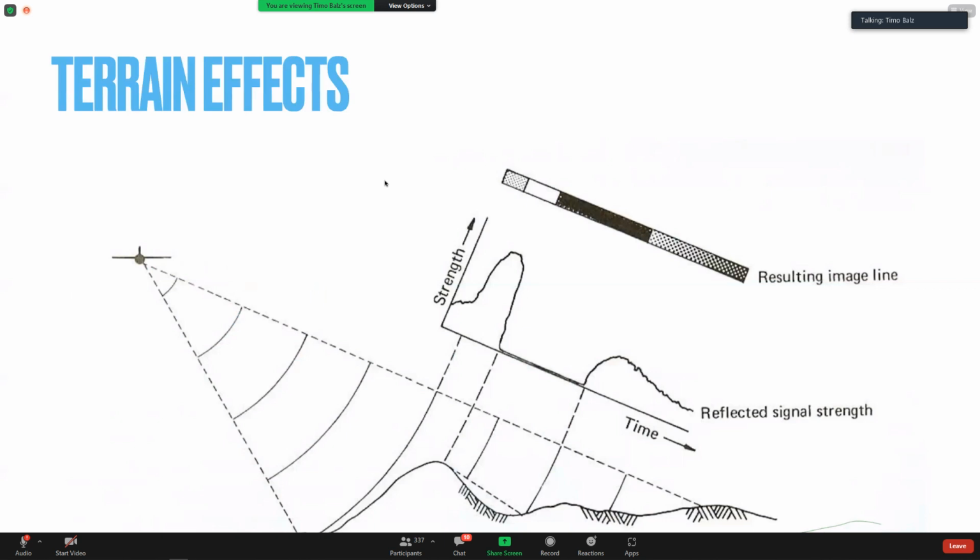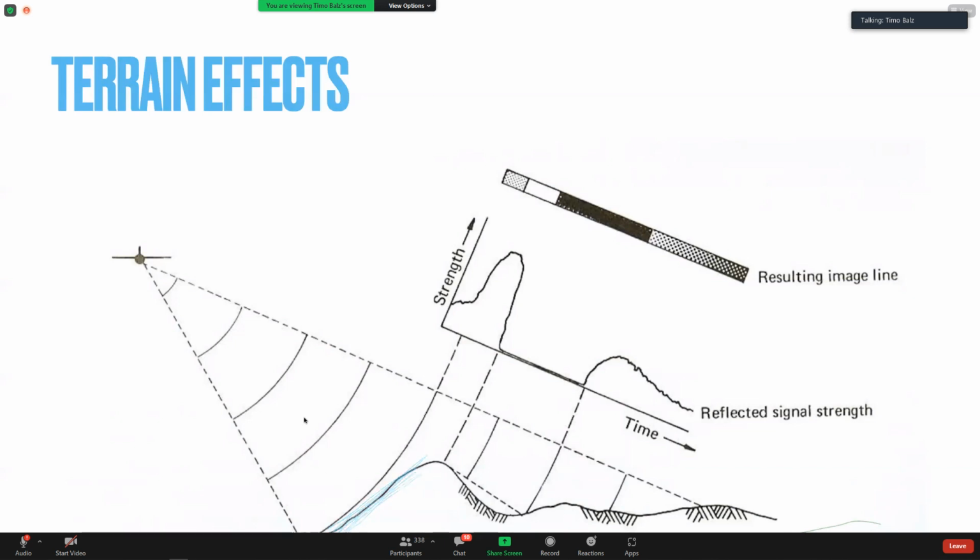So we have the terrain effect. Because we have a side-looking system, if our system hits such a mountain side here, this is almost like a mirror direction.